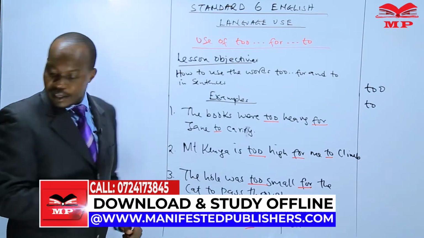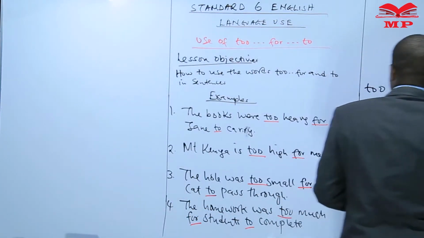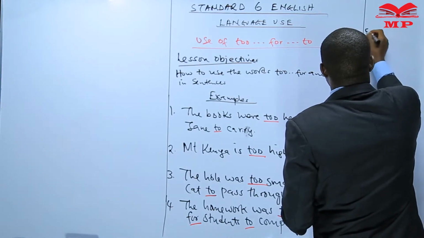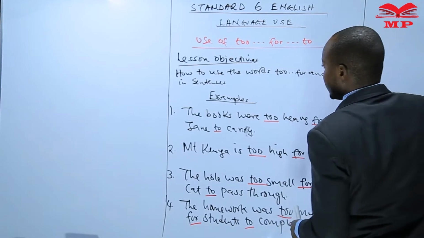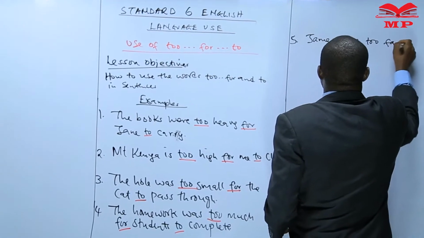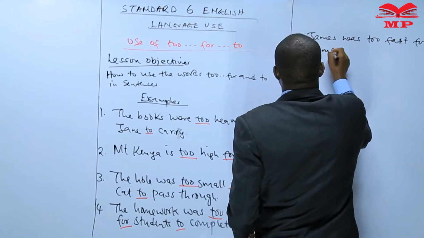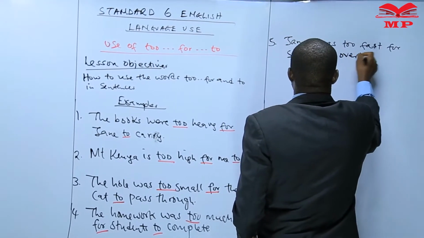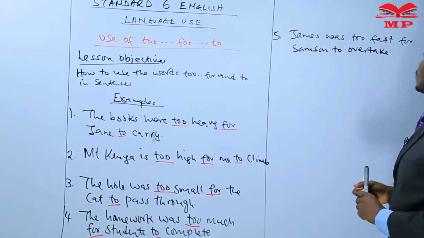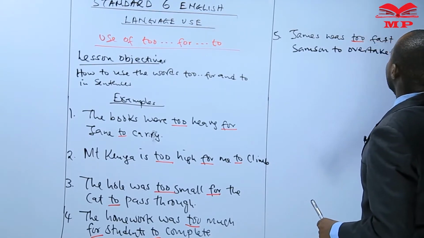Let me give you the last example. I'm going to write it here. I can use another name, for example, a name like James. Now, James was too fast for Samson to overtake.